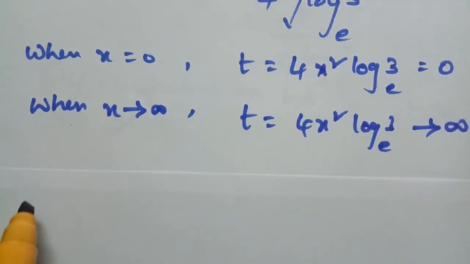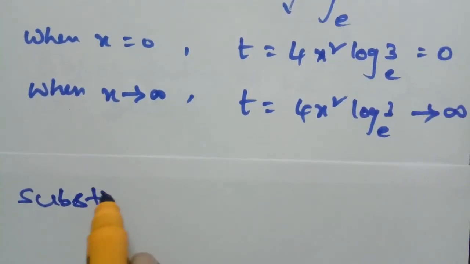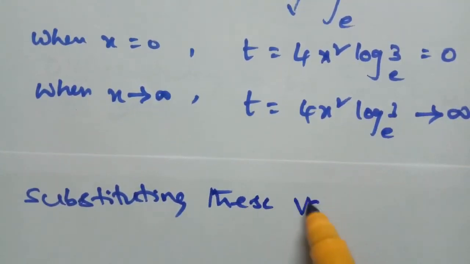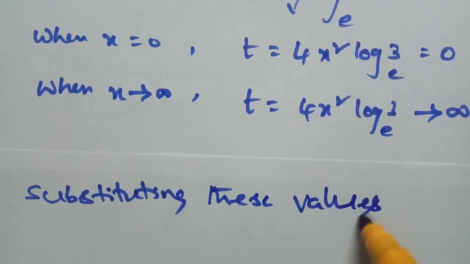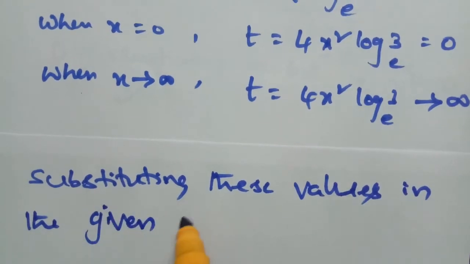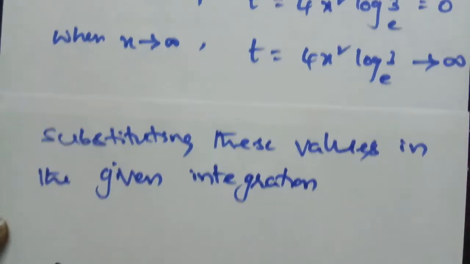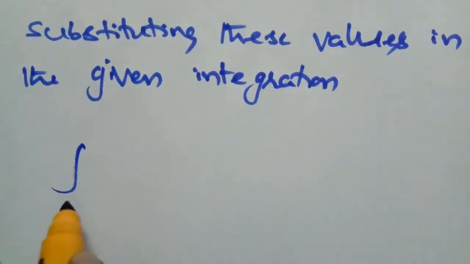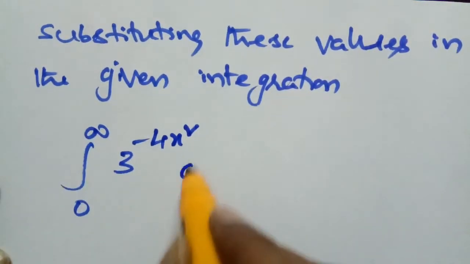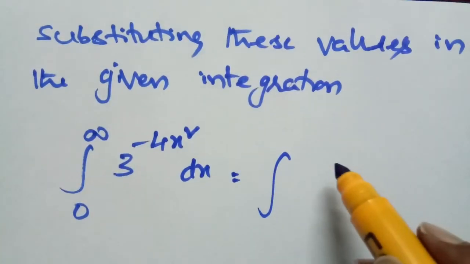So therefore, substituting these values in the given integration, the given integration is the integral from 0 to infinity of 3 to the power of minus 4x square dx. Therefore this is equal to 3 to the power of minus 4x square.